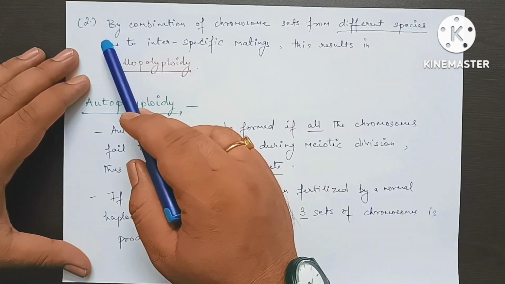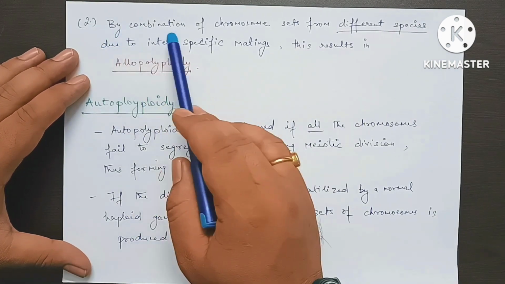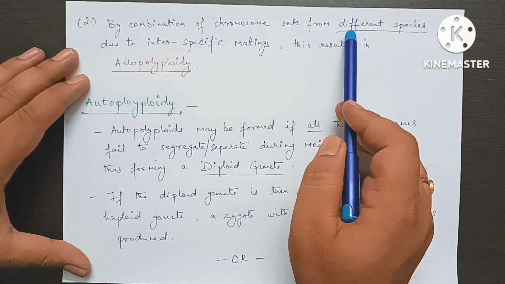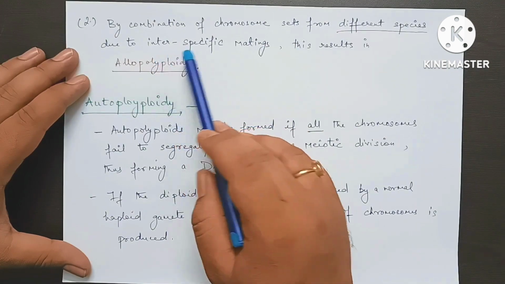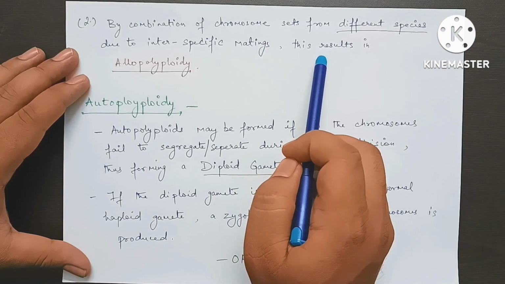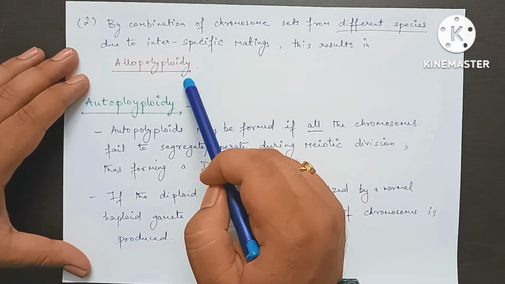And secondly, by combination of chromosome sets from different species due to interspecific matings, this results in allopolyploidy.